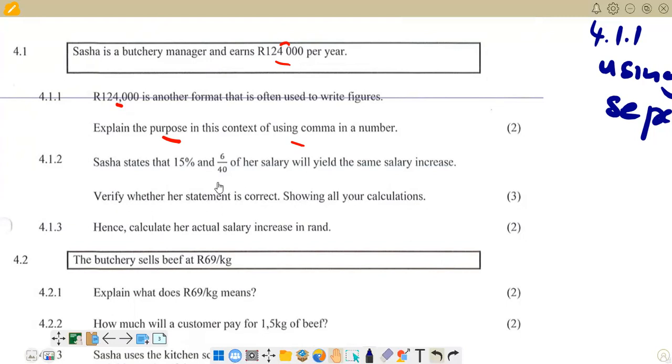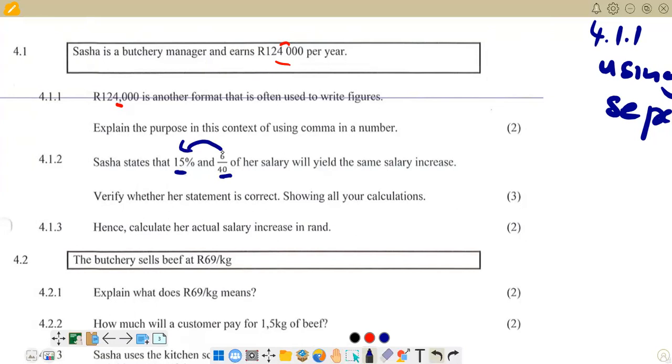So this question is asking us whether 15% is equal to 6/40. What we have to do is verify whether 6/40, if we reduce it to a percentage, is going to lead us to 15%. So that's our question. This is a very simple question.